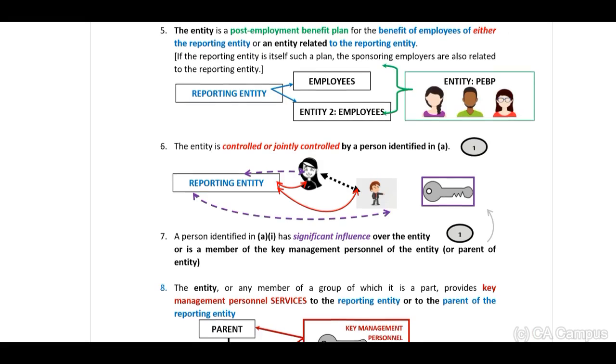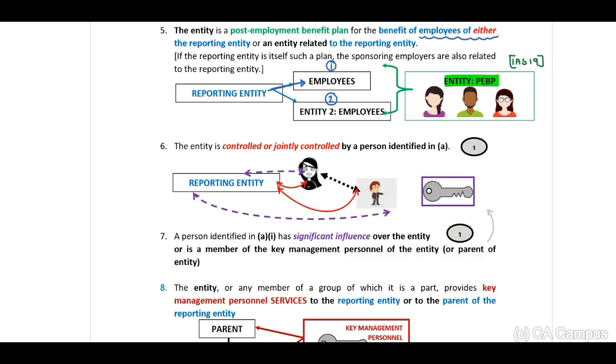Number 5, the entity is a post-employment benefit plan. Remember, we will cover this in IAS 19. What is a post-employment benefit plan? Now, they indicate the entity is a post-employment benefit plan for the benefit of employees of either the reporting entity, therefore the employees directly related to the reporting entity, or an entity related to the reporting entity, which is our entity number 2.